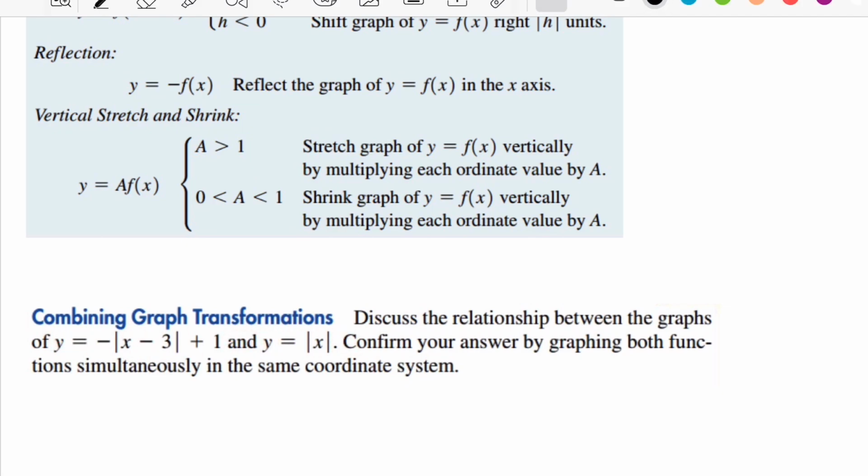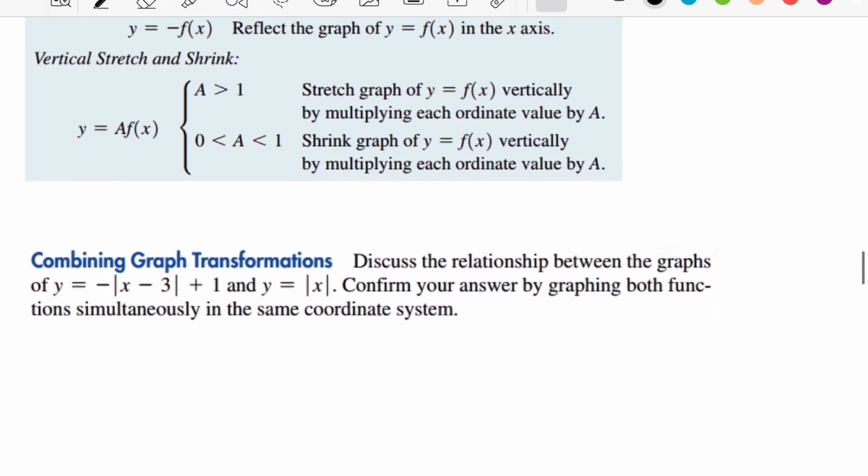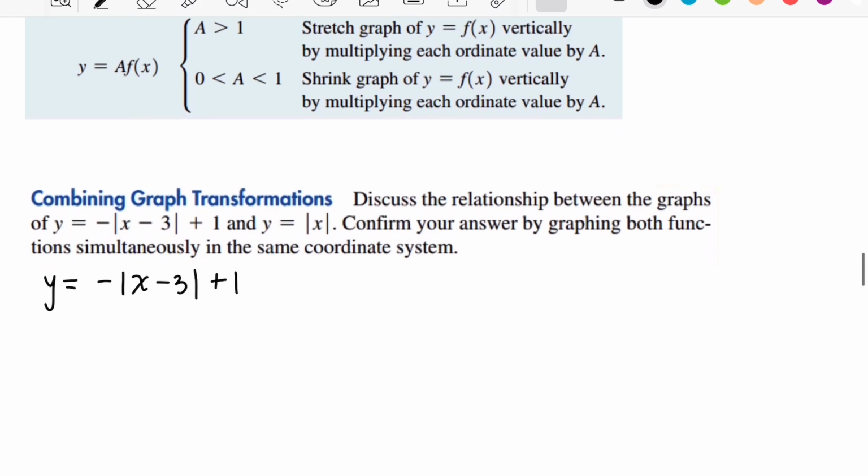So what I want to do first is look at our equation and figure out what's happening to our original graph, our identity, which is going to be y is equal to the absolute value of x. So the first thing to note here is we have this -1 out in front. So this tells us that we are going to be reflecting about the x-axis.